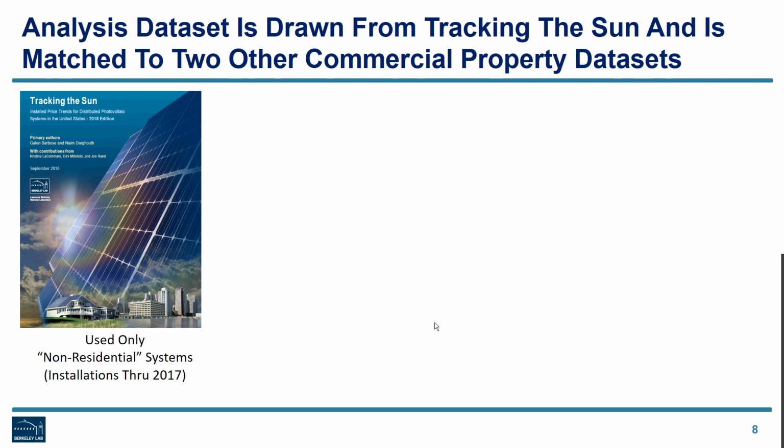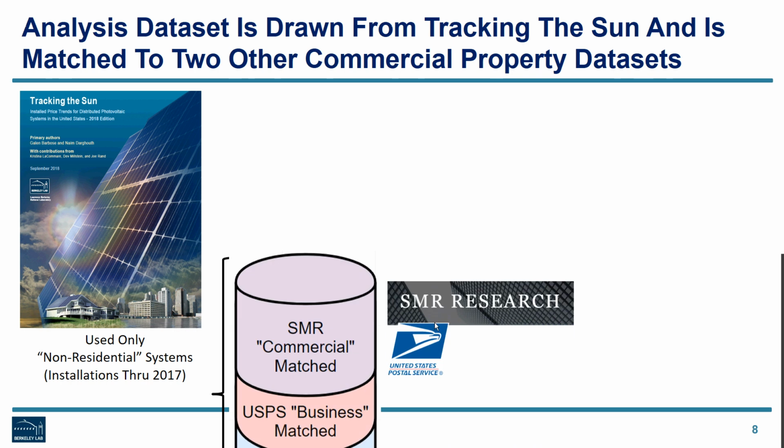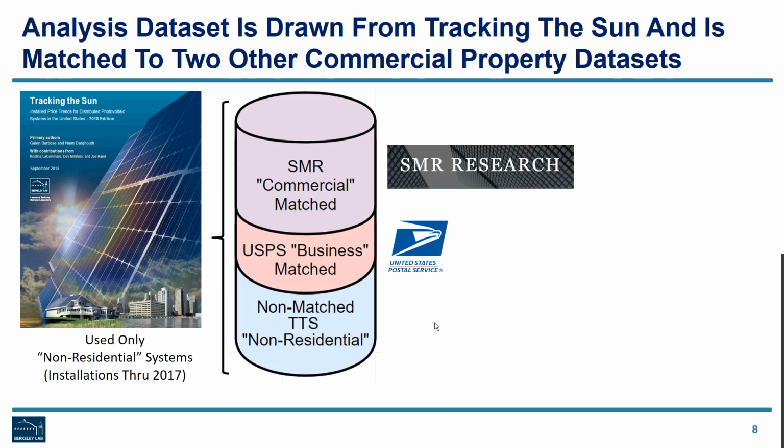So we take those addresses for systems that we have information on through Tracking the Sun, and we match them to two other data sets. The first is the SMR Research Commercial Property Data Set. The main goal of the work was to connect with this data set, and we'll be talking about these data as we go through this presentation. But we didn't get a perfect match where we thought we should.